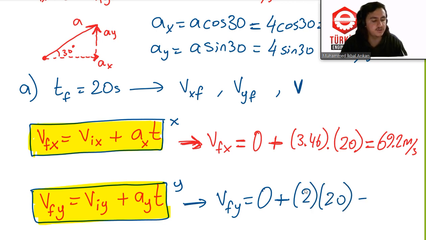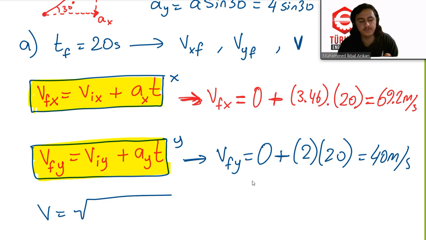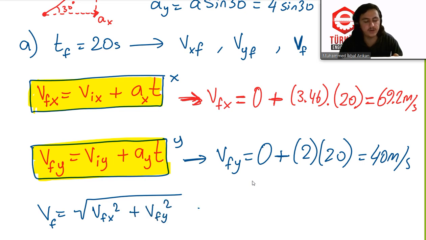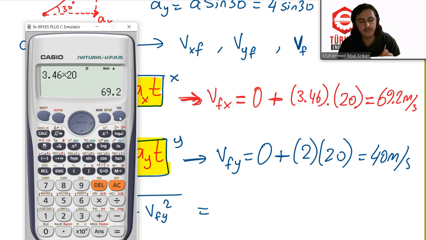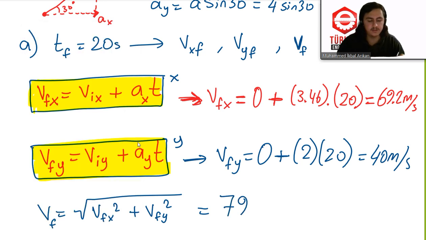It is 20. So I will get 40 meter per second. These are my final velocity components. What about the v? That will be v final. The final resultant velocity will be the square root of v final x squared plus v final y squared. So you will get the square root of 69.2 squared plus 40 squared, which will give you the resultant velocity.